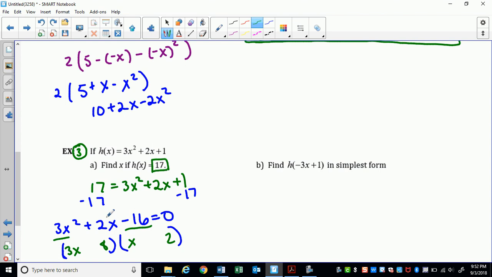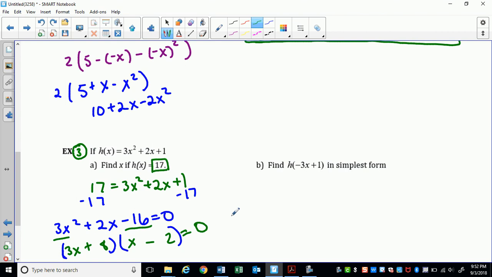Minus 8 will be the difference of 2. So that's really what I want. Now I've got to look at my signs. When I multiply 8 times 2, I need a negative number. So one of them is negative. But when I add them, the bigger one needs to be positive, since when I'm adding them, it's going to be positive. So 3 times 2 is 6. That's smaller than 8. So I need my 8 to be positive and my 2 to be negative.